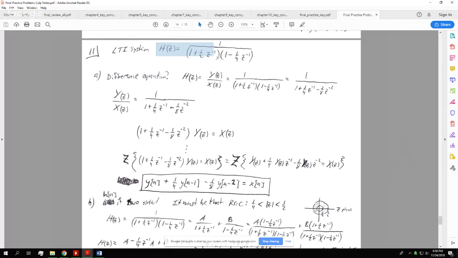If this is our transfer function, and here I just rewrote it from our problem, how do we determine a difference equation? Remember, a difference equation is the same thing as a differential equation in continuous time. Transfer functions by definition are our output divided by our input, and we use the variables y for output and x for input.